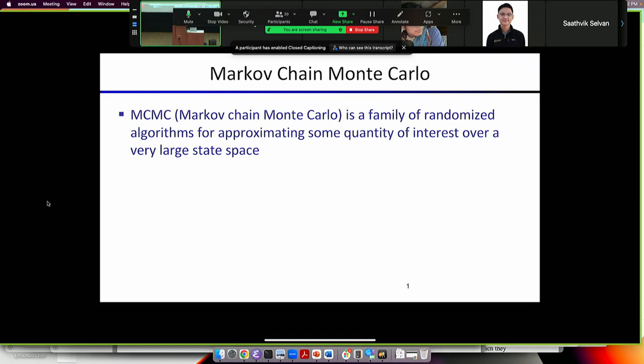So in general, what is an MCMC algorithm? It just means you've got some space, and it's just like in search you have a state space. There is a state space for the MCMC, and it's just basically a way of wandering around randomly in that space. So it's a randomized algorithm that approximates something you're trying to calculate by following a Markov chain.